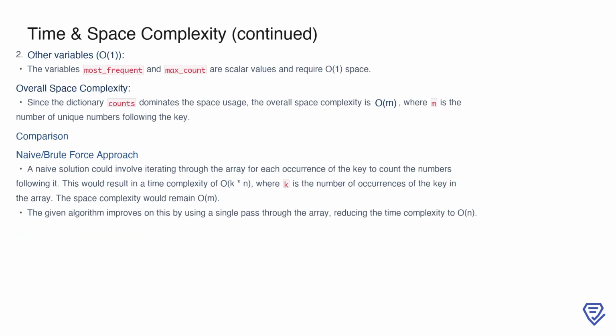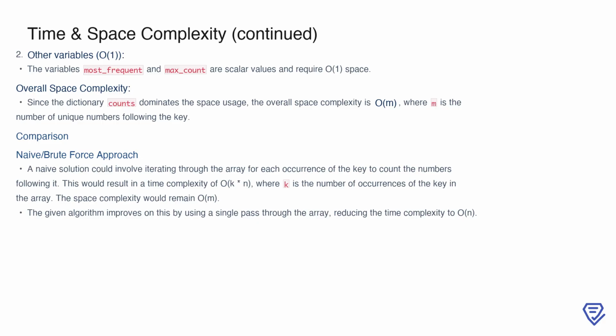In addition to the dictionary, the algorithm uses a few scalar variables like most_frequent and max_count to keep track of the number with the highest frequency and its count. These variables require constant space, or O(1). Since the dictionary dominates the space usage, the overall space complexity of the solution is O(m), where m represents the number of unique numbers following the key.